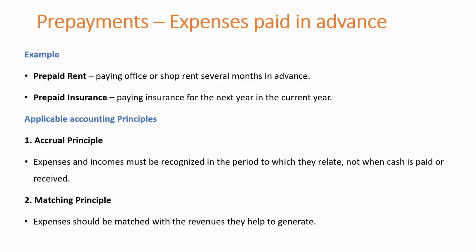Both the income and the expense must belong to the same financial year. That is called the matching principle. So therefore, in the income statement, if you have recorded income for the current year, you should only deduct expenses for the current year. If you happen to have paid expenses for the next year, those ones should not be included because they don't belong to the current year.